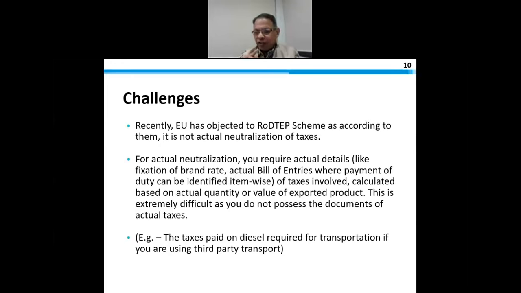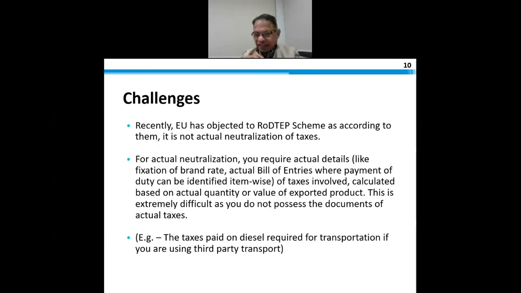For actual neutralization, you require actual details like fixation of brand rate, actual bills of entry where payment of duty can be identified item-wise. In the case of RoDTEP, the taxes involved are calculated based on the actual quantity or value of the exported product. This is extremely difficult as you do not possess the documents of actual taxes.